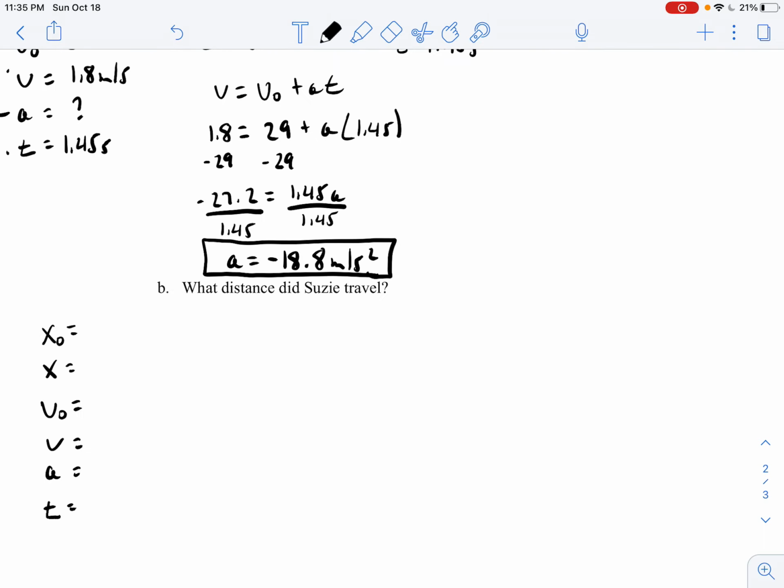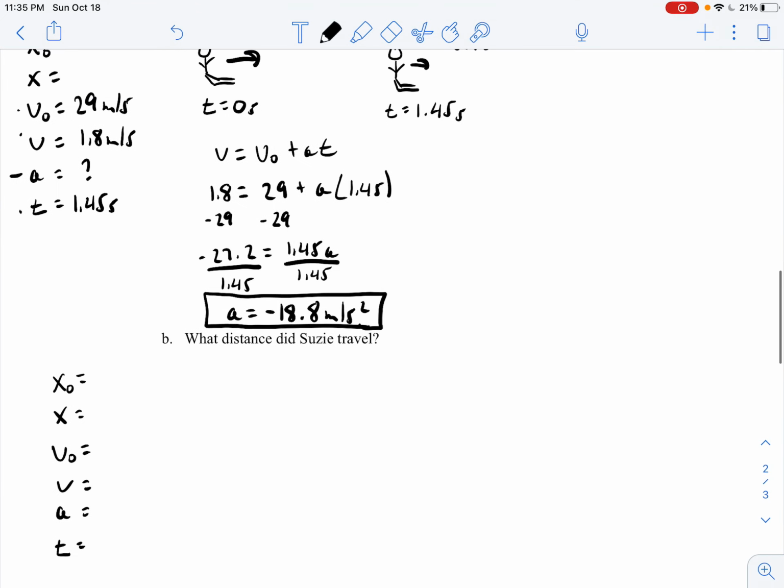From the problem that was given to us, we knew that our initial velocity was 29 meters per second. Final velocity is 1.8 meters per second. Time was 1.45 seconds. And now we know that our acceleration is negative 18.8 meters per second squared.